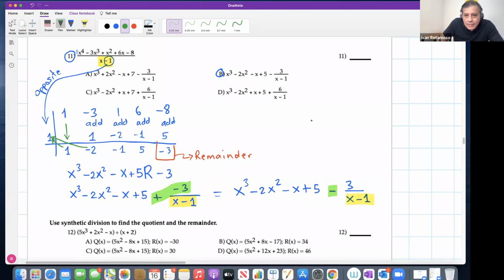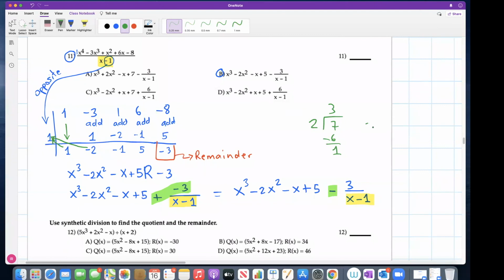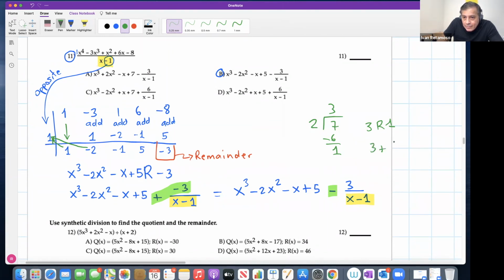Let's say you divide 2 into the number 7. That is 3. 3 times 2 is 6. What's the remainder? 1. So there are 2 ways to represent this. Quotient 3, remainder 1. But there's another way, which is this: quotient 3 plus the remainder 1 over the divisor 2.